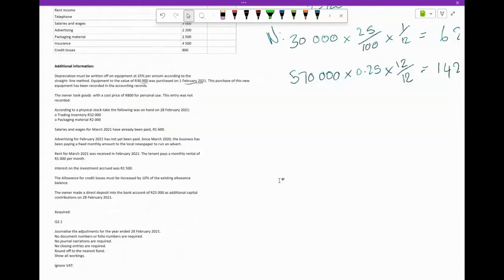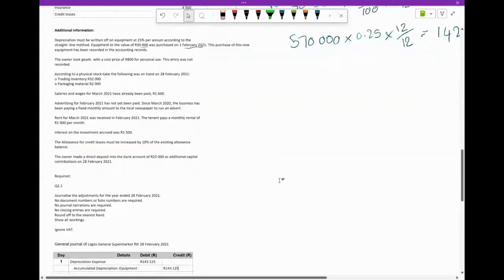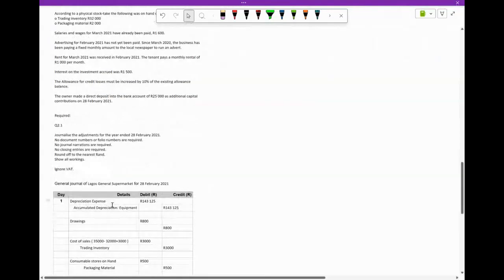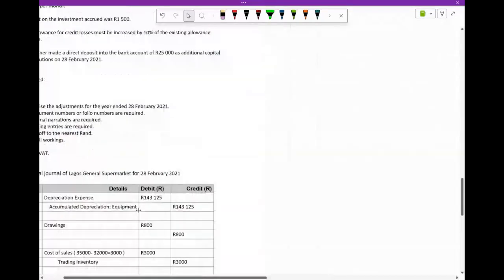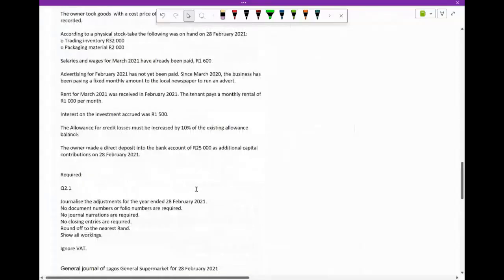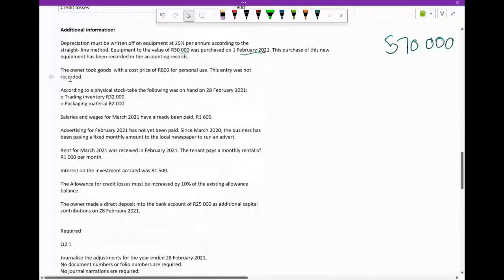Don't know where we got that from. Okay, so the next adjustment is the owner took, oh sorry, I forgot to mention. Depreciation is affected, and then obviously accumulated depreciation on equipment is affected. Okay. All right. So that's the first adjustment.